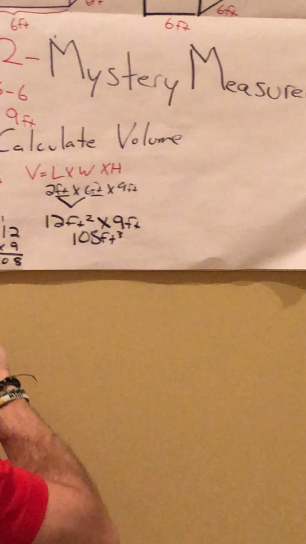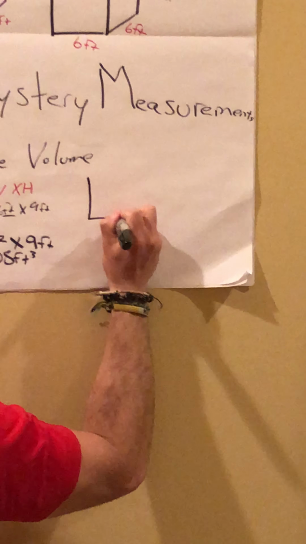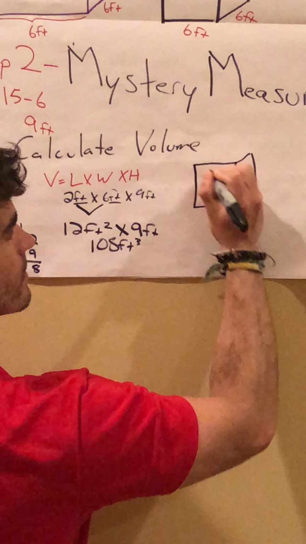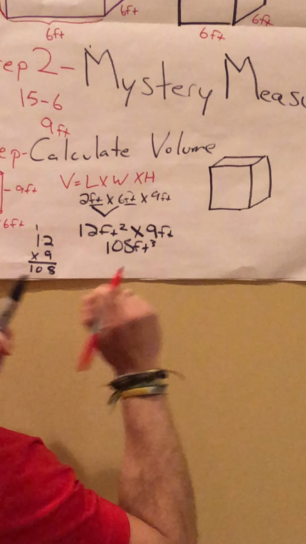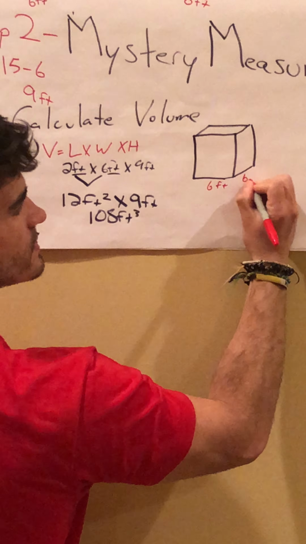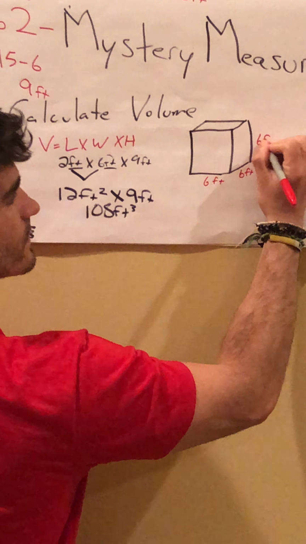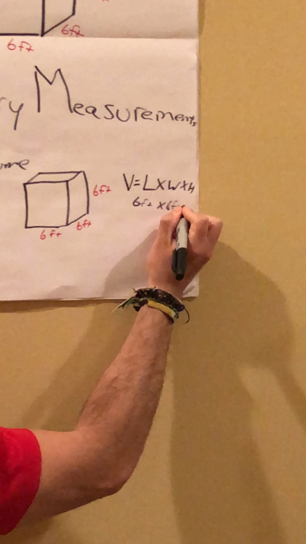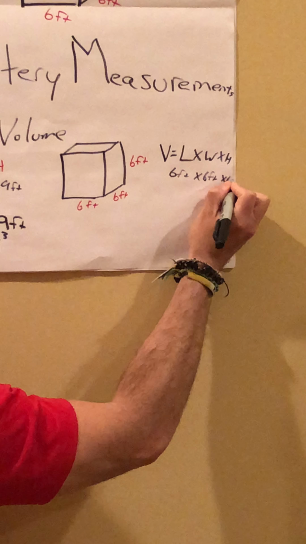For shape 2, which is our cube, we had 6 feet by 6 feet by 6 feet. The same thing: volume equals length times width times height, which is then 6 feet times 6 feet times 6 feet. 6 times 6 is 36 square feet times another 6.